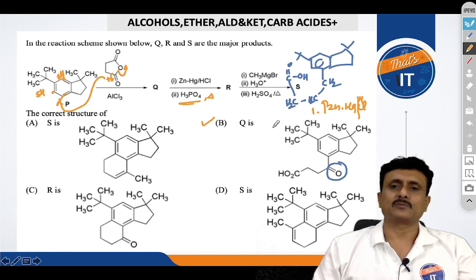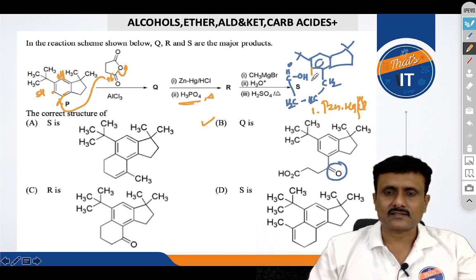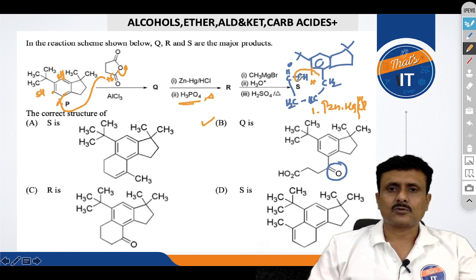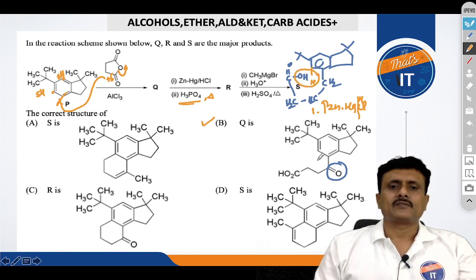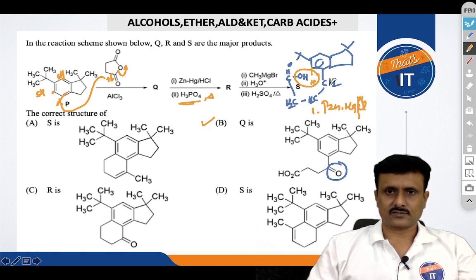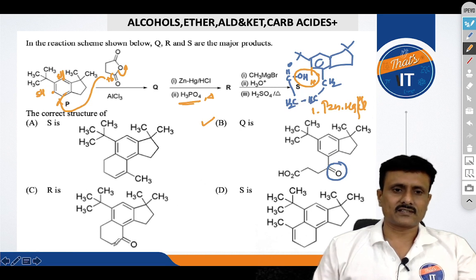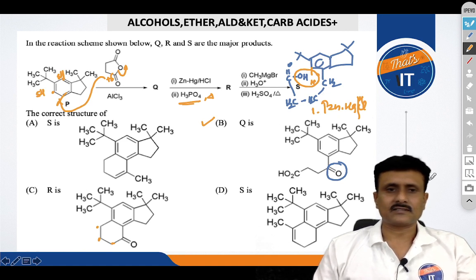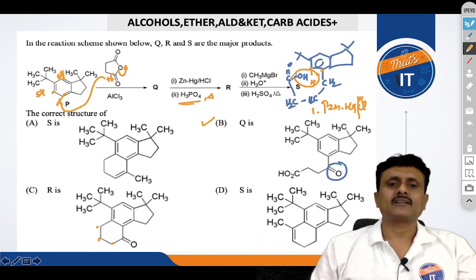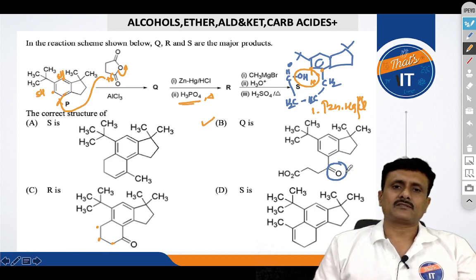Actually the heating symbol should be mentioned, and when you carry out dehydration, that is removal of H2O over here, you know that you will be getting CH2 CH2 CH2, that is 3 CH2s, isn't it? How many CH2s are present? Actually you need to check carefully before you mark your answer, isn't it? You have to get 1 2 3 4 5 and then a 6 membered ring, isn't it? So what is that R which you are getting?